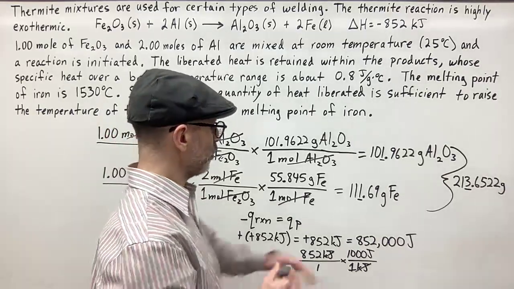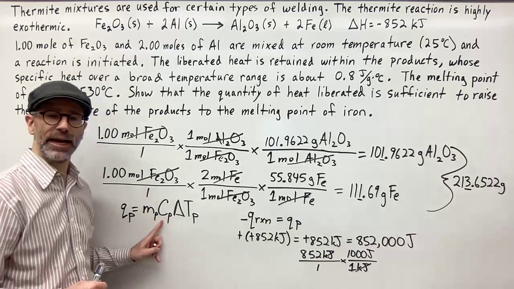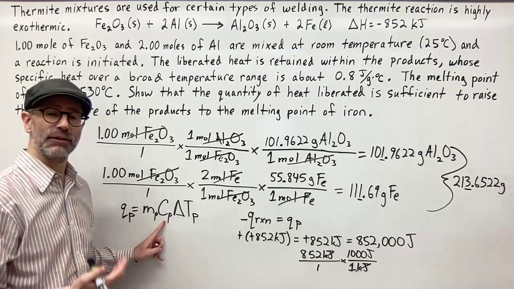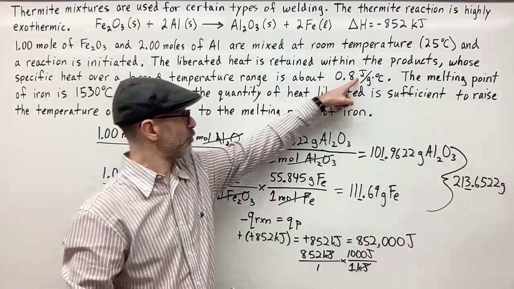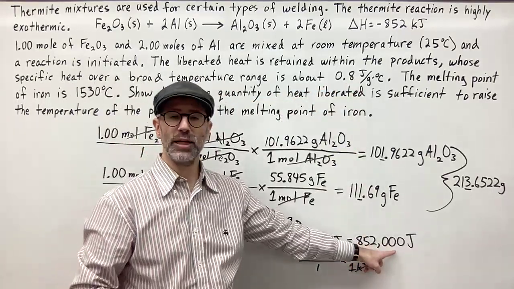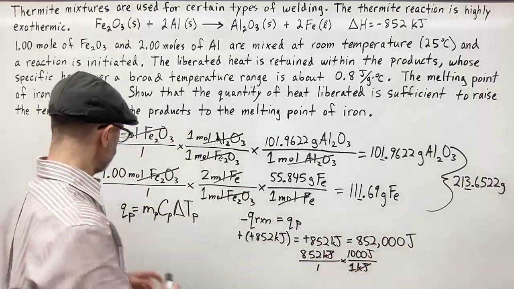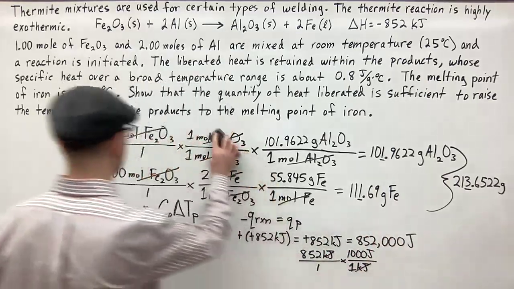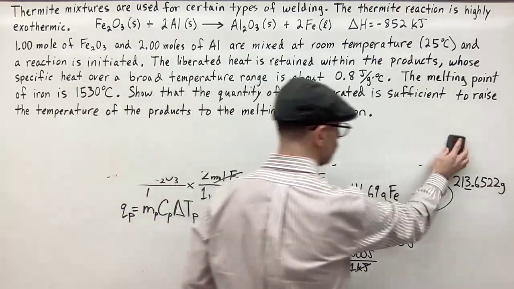So why is it important to put in joules? Because we have specific heat here, and specific heat is given in the unit of joules, right? So you notice here we have joules there, so we want to make sure that the heat absorbed is in joules.